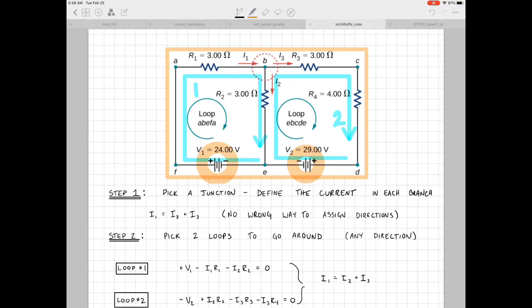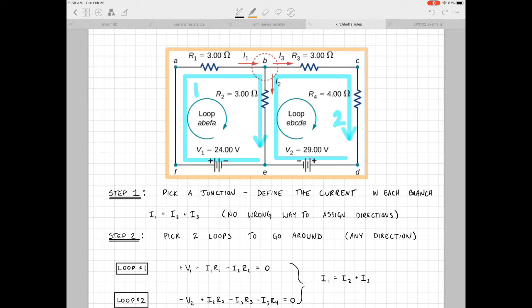So finding an equivalent resistance is not an option. What is always an option is leveraging the junction rule, the voltage drops across a loop rule, and also Ohm's law. Those three are always applicable, and so that's what we're going to have to fall back on to analyze this circuit.